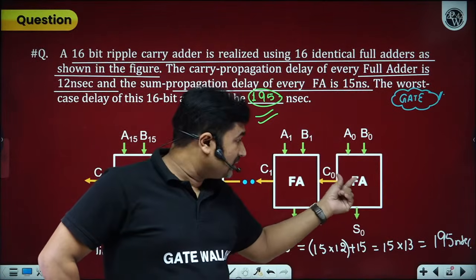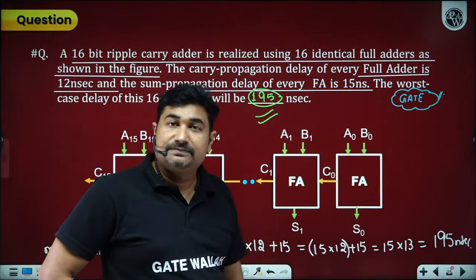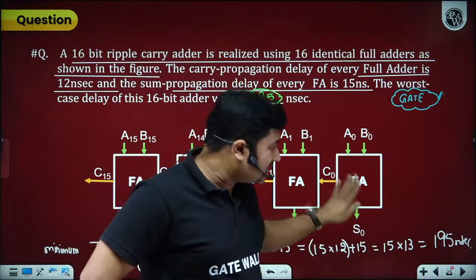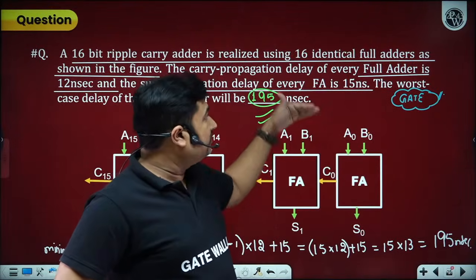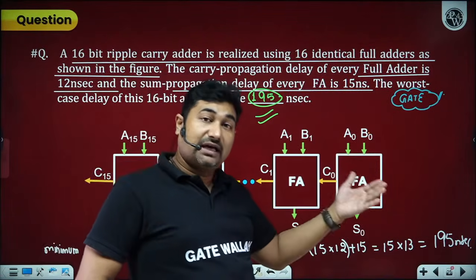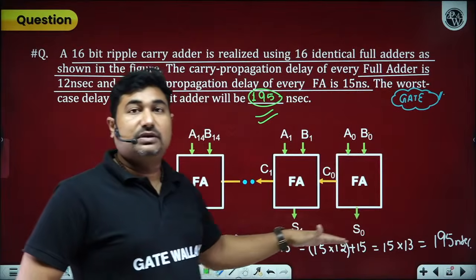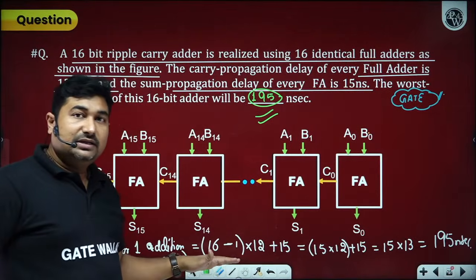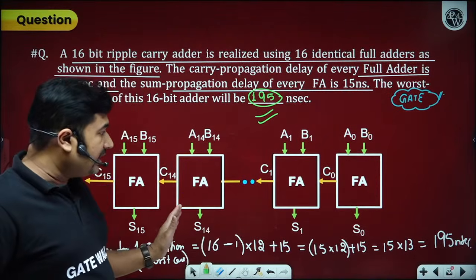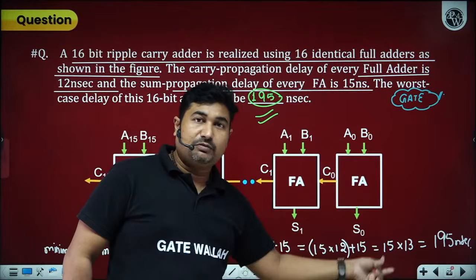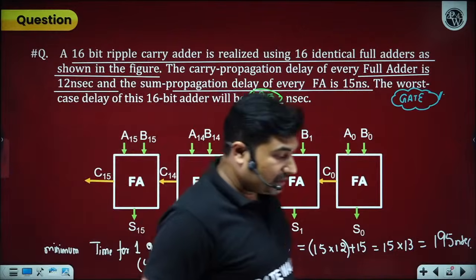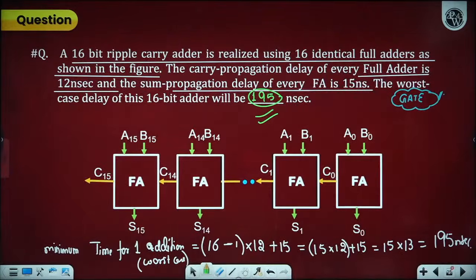Suppose instead of a full adder they had indicated a half adder, and the carry out time and sum out time come from different delays, and they have given the half adder delay as well, we have to consider that first. Instead of going with n minus 1, we have to observe how much time it would take, and then do the multiplication. How many of you were able to understand?